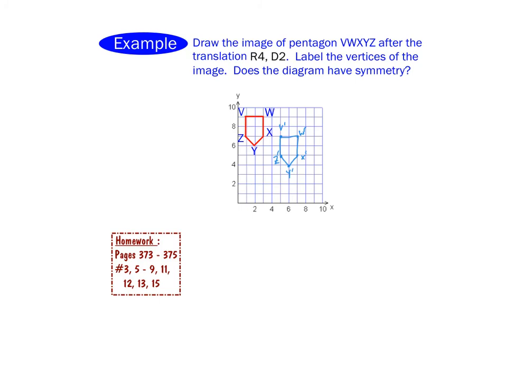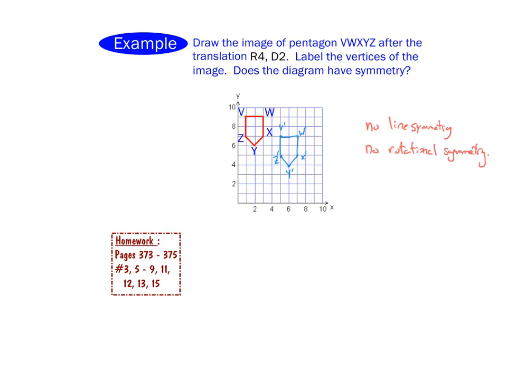Well, there's no line that we can draw that's going to allow us to reflect either of these shapes onto the other. So there's no line symmetry. And there's actually no rotational symmetry here either. There's no symmetry at all. So we would just say no line symmetry and no rotational symmetry. So there's no symmetry of any type here.